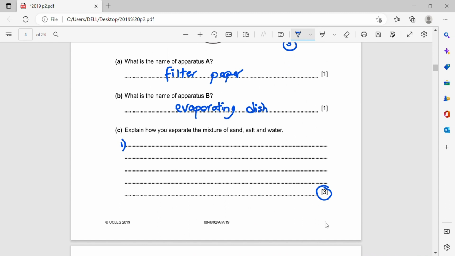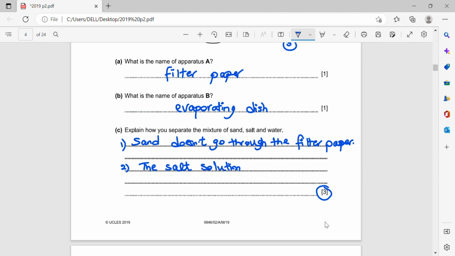Step number 1, sand does not go through the filter paper because it's not soluble in water. Step 2, the salt solution goes through the filter paper.